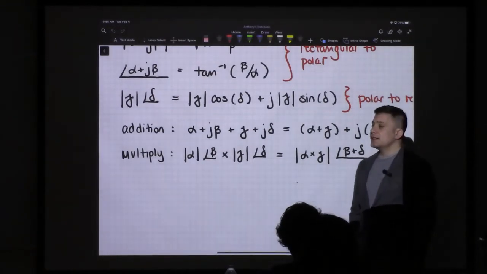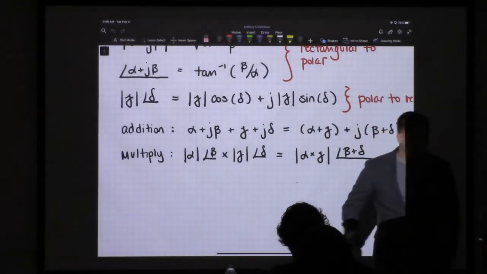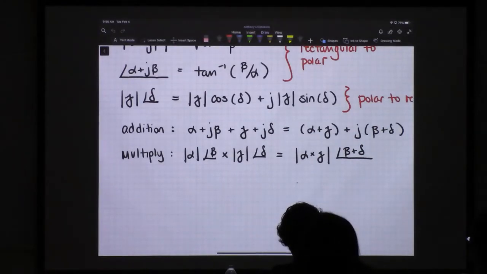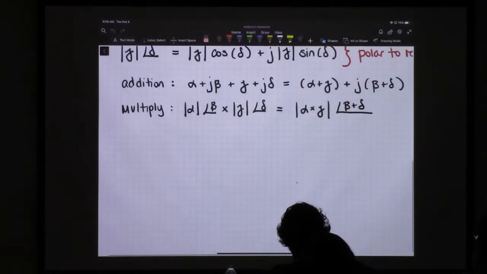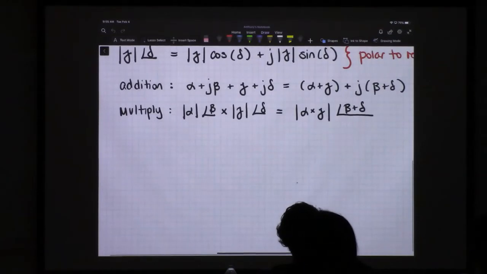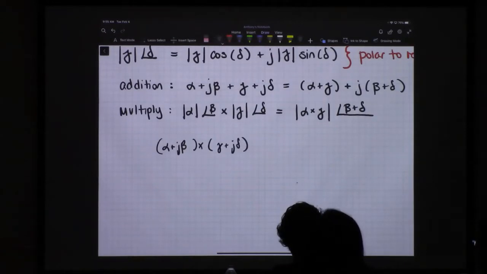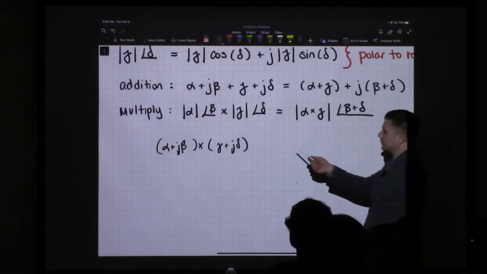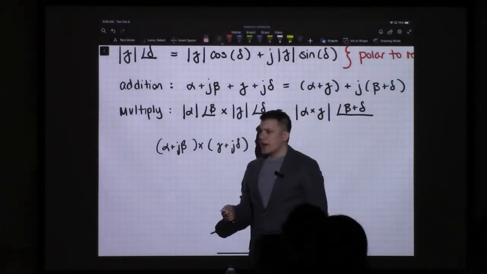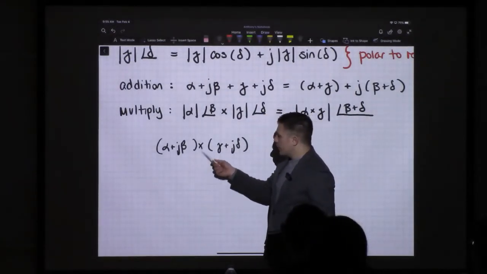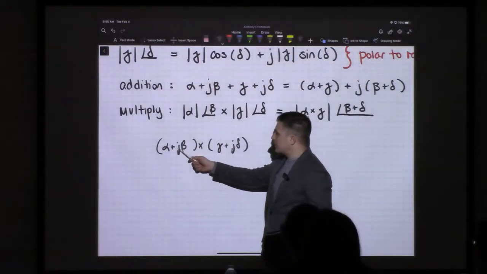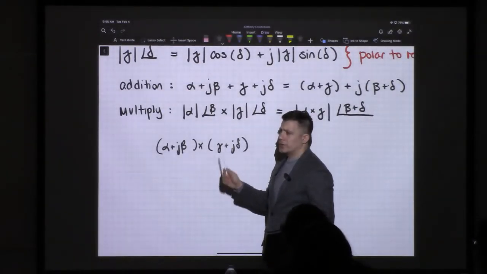Let's say you want to multiply these. You can do this using FOIL. This case works out, but if it were division, for example, you would need to convert this to polar form and this to polar form in order to make the math work out.